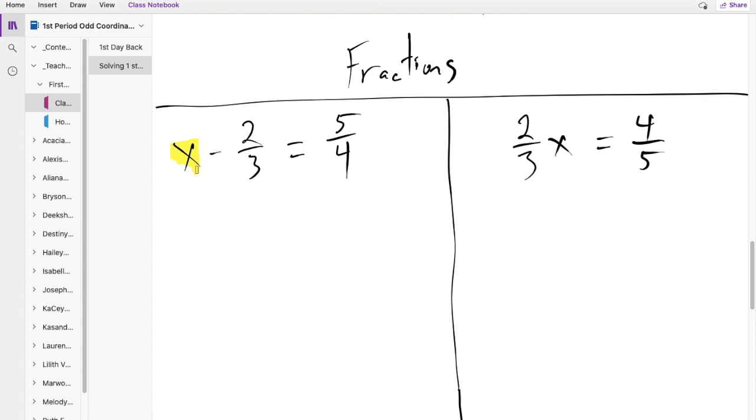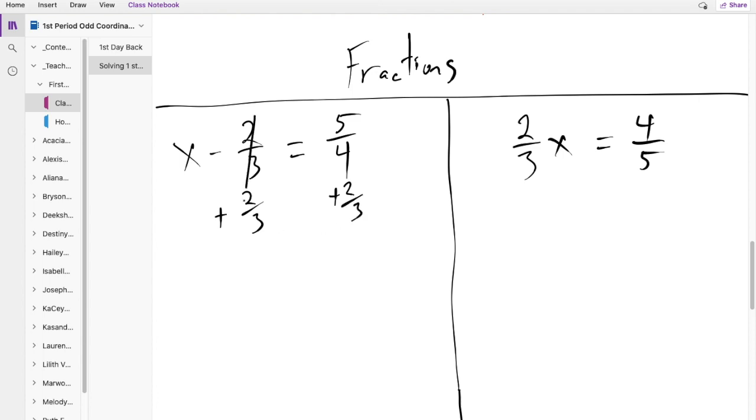You probably do not know that number off the top of your head. So this is a great example of using our opposite operations to solve for this variable. I have a minus 2/3 that I want to get rid of, so that means I'm going to be adding 2/3 on both sides.